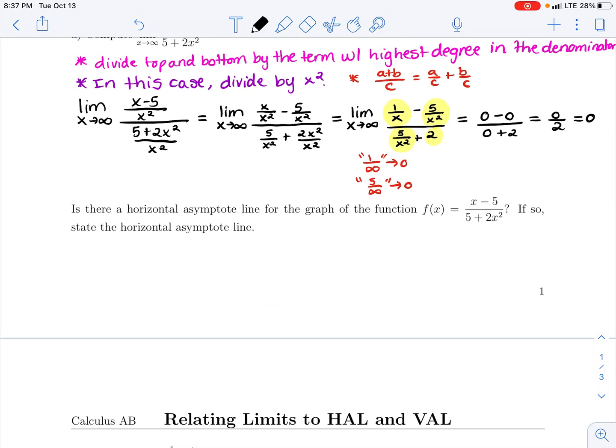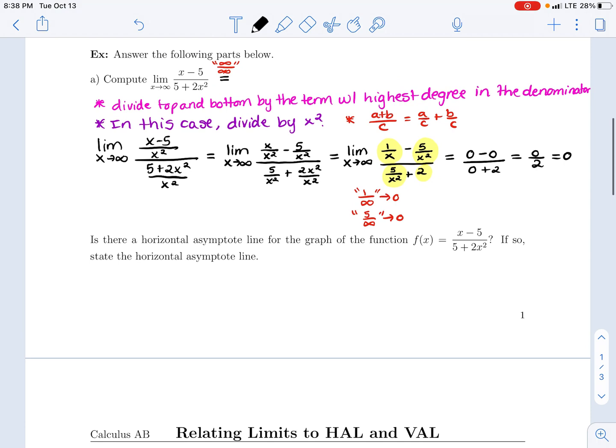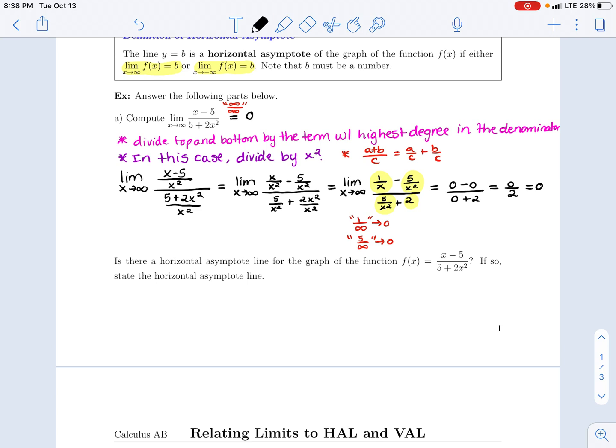So now I'm asking you, is there a horizontal asymptote line for the graph of the function f equals x minus 5 over 5 plus 2x squared? Okay, so basically the function that was just in the limit there. And so since the limit as x approaches infinity of my function was equal to a number, then I know that there is in fact a horizontal asymptote.